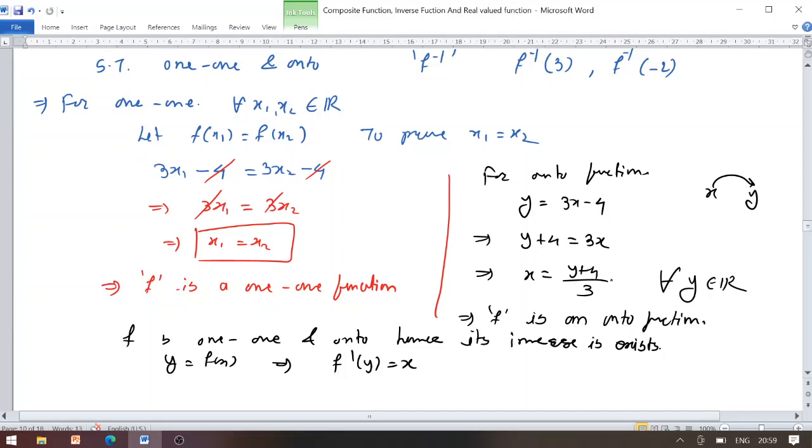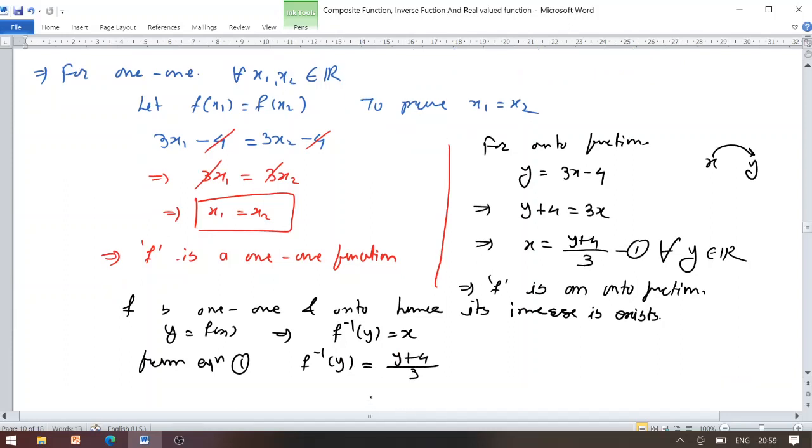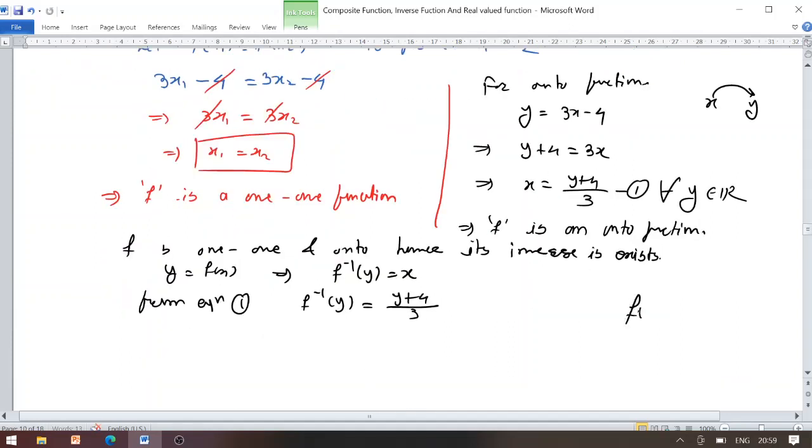But we have the x value as per equation 1, so from equation 1, f inverse of y equals y plus 4 divided by 3. But once the given function is f of x, its inverse is f inverse of x. So we replace y in f inverse of y by x. We have f inverse of x equals x plus 4 divided by 3.